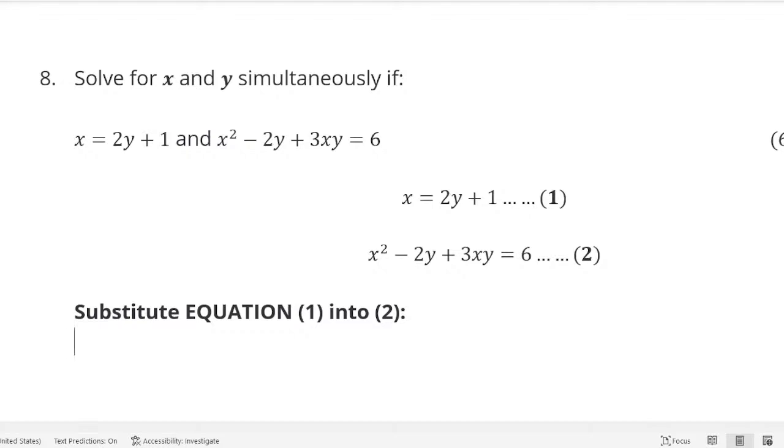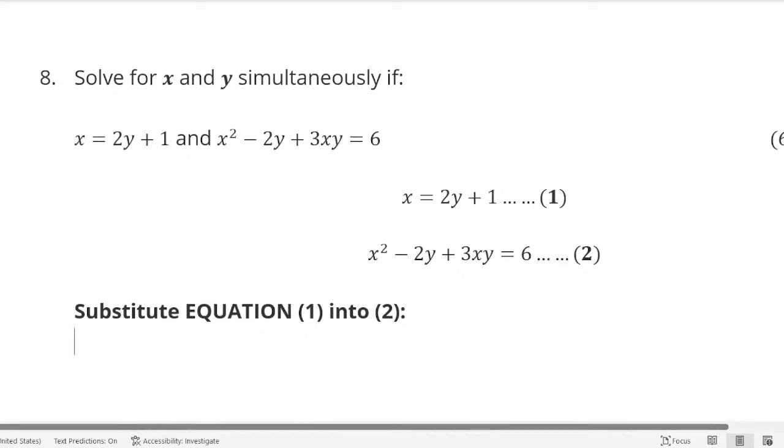So then it will be x squared. So remember, where there's x, we put 2y plus 1.